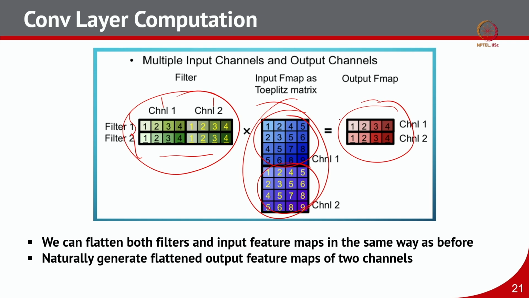Remember, this is the output feature map. From this output feature map, we get two channels where we have all the pixels. This is how we represent the output feature map when it goes to the next layer. This is the post processing. So there will be some time consumed by the pre-processing step as well as the post processing step.